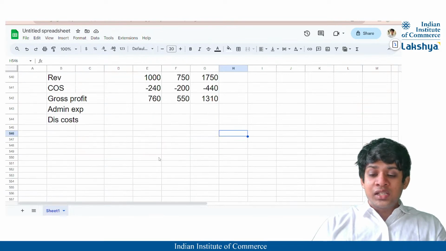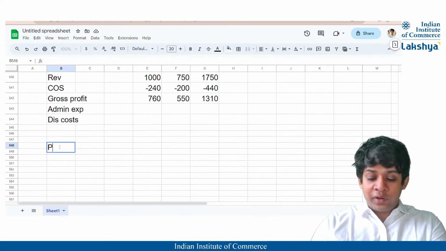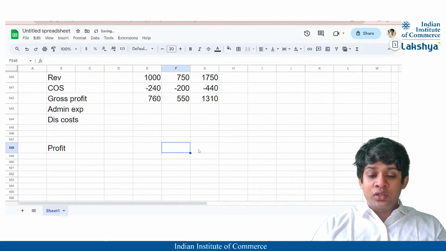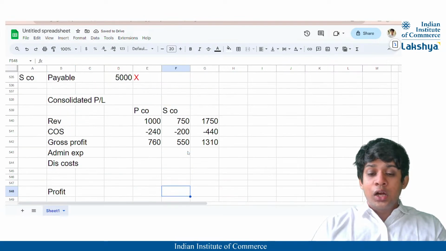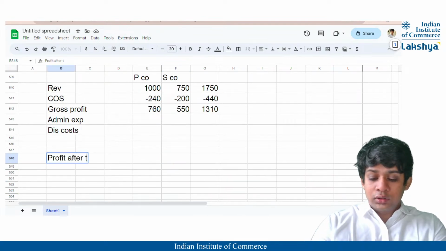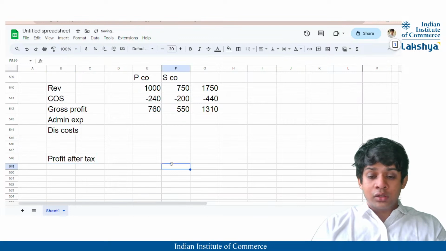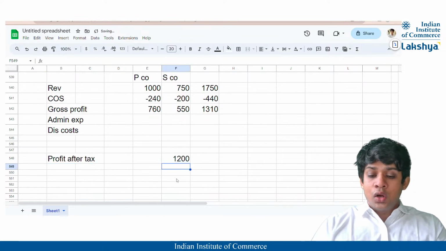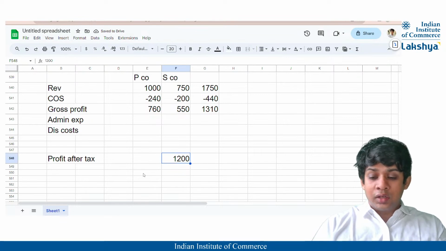So whatever will be the subsidiary's profit, eventually we'll get the consolidated profit, correct? Now, the subsidiary's profit after tax, or you can say profit for the year, maybe is 1,200.